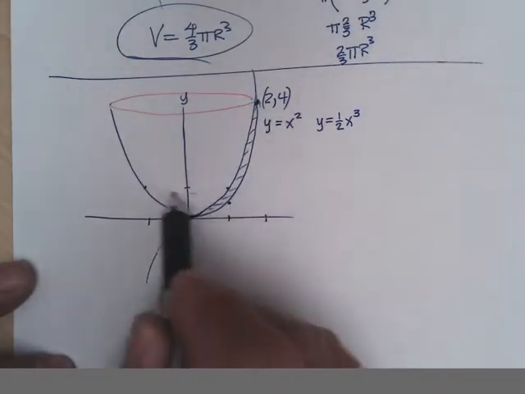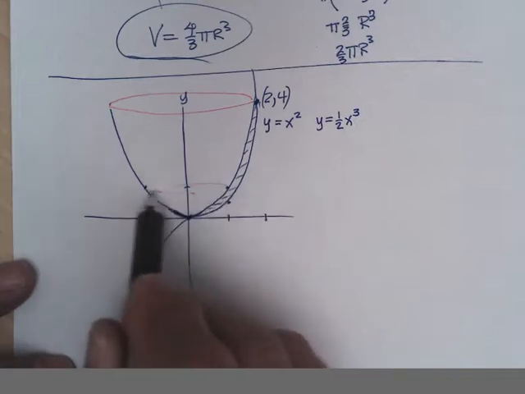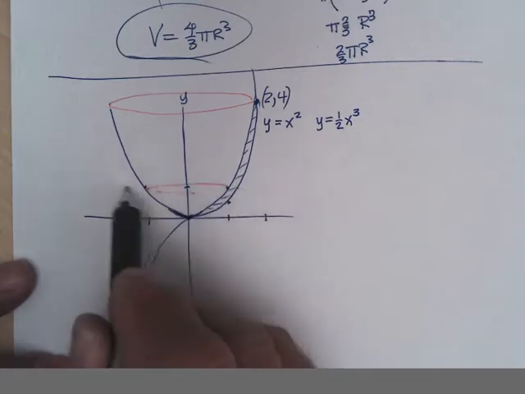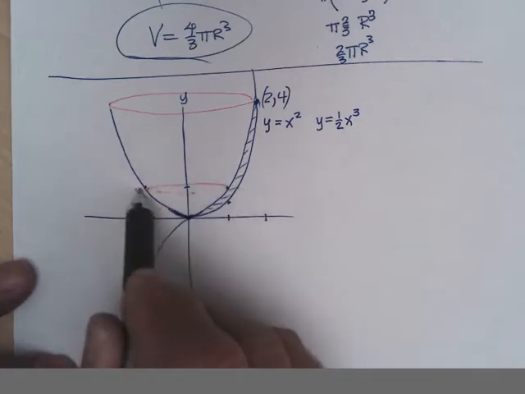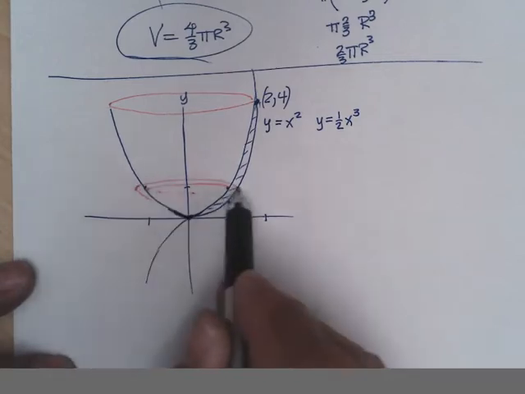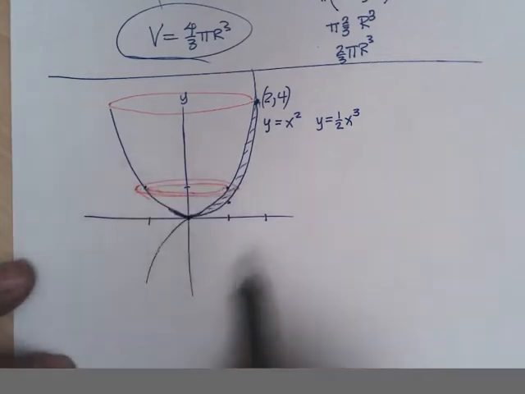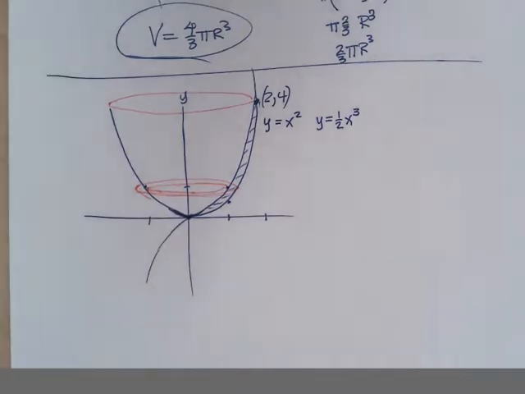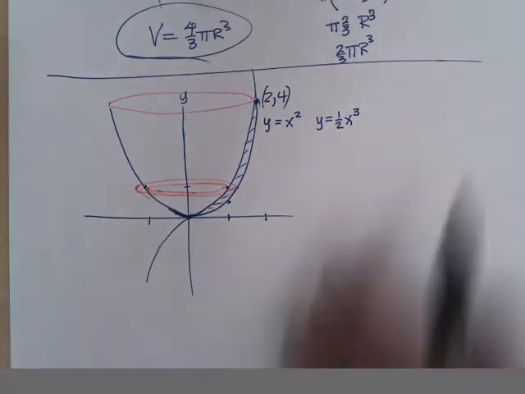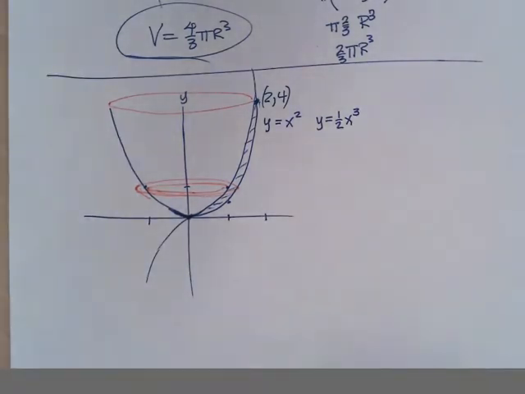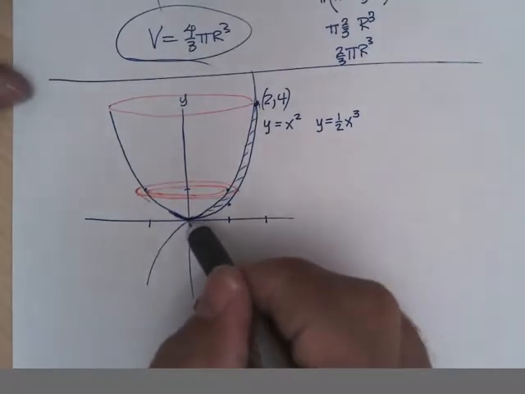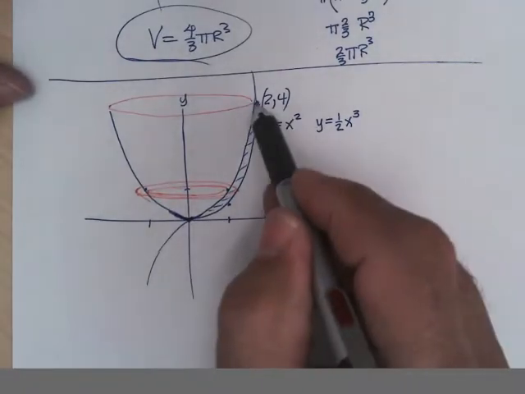This point would come over to here and back around, and this point would come over to here and back around. Okay? So I hope you can see that this would be some sort of bowl with a very thin bottom and a very sharp edge at the top.